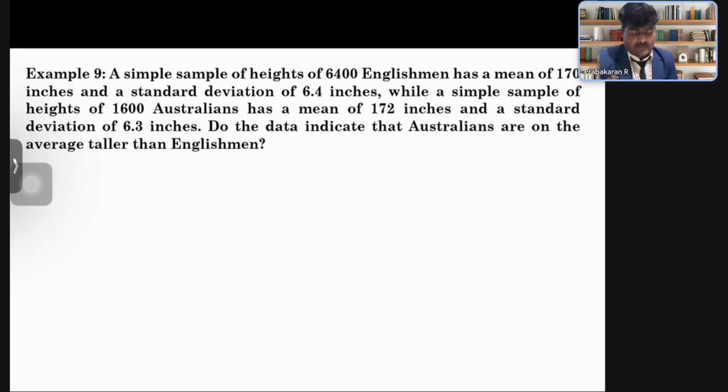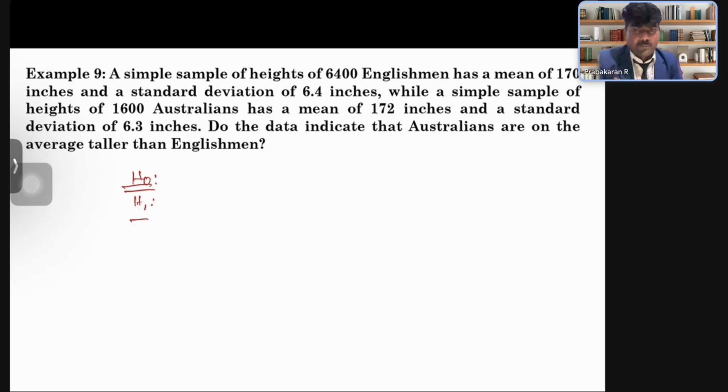So H naught, you can take in the positive sense, that is the null hypothesis: both average heights of English and Australians are same. That's how we can fix the H naught. But H1, the alternative hypothesis, is that the Australians are on the average taller than the Englishmen.